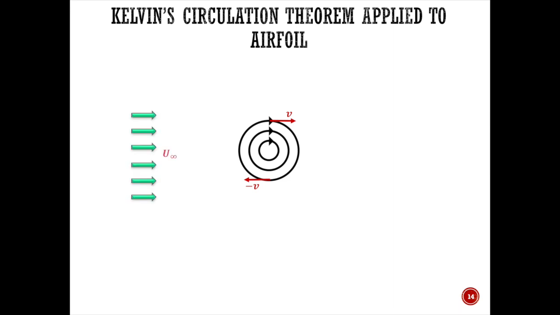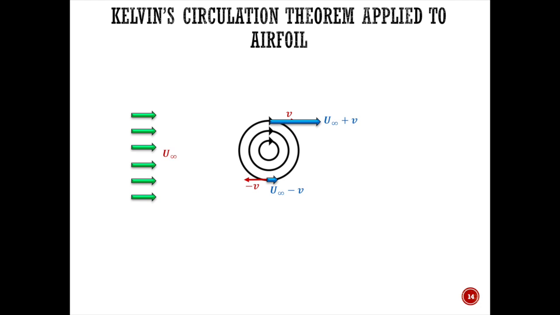Now imagine you have a free stream velocity impinging on this vortex. Think about what would be the actual velocity at these two locations. Intuitively, we can assume that the velocity on top will be u infinity plus v, and the velocity at the bottom will be u infinity minus v, right?